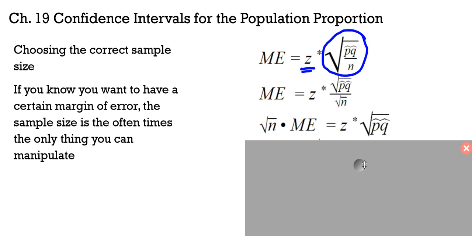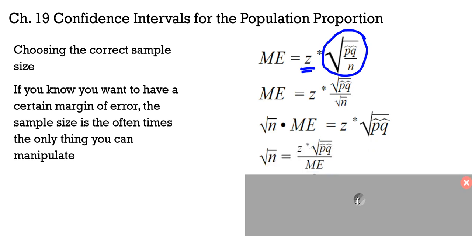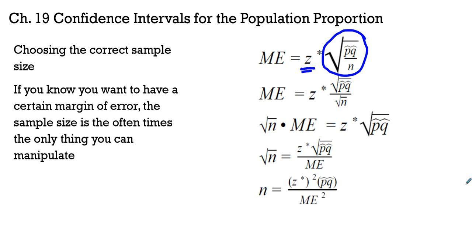Then we divide both sides by the margin of error, and then square everything to get rid of the radical sign with the n. So if you need to find n for a desired margin of error, you take the critical value squared times p hat and q hat, and then divide it by the desired margin of error squared.